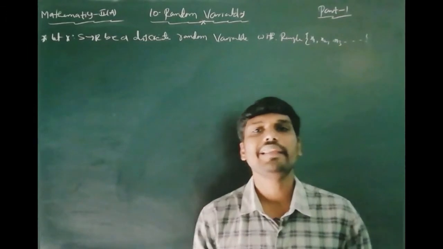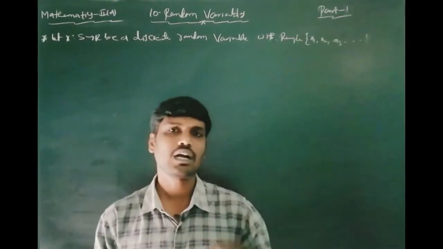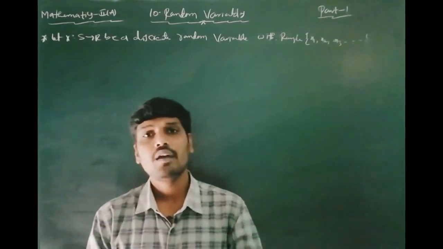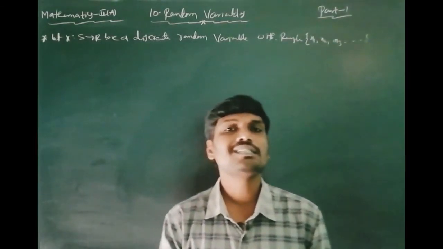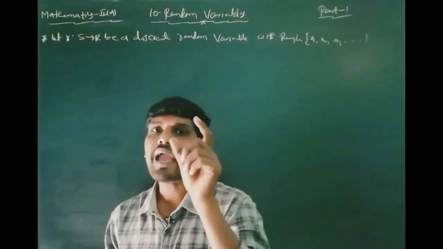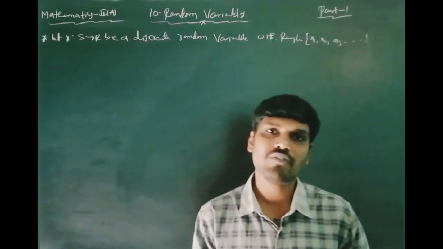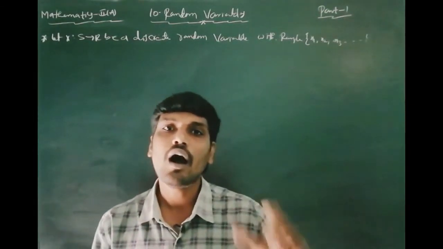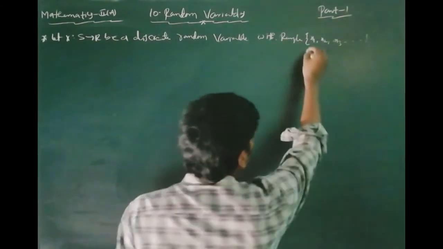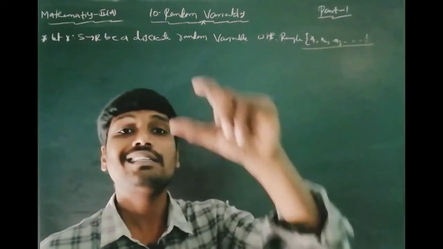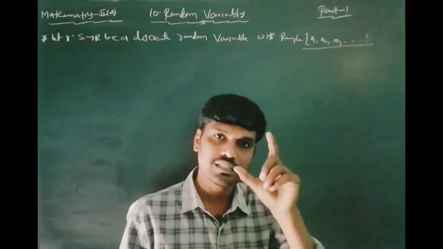Next point is what is the mean, variance, standard deviation. First, go to the mean definition. What is a discrete or discontinuous random variable? If X from S to R is a random variable, and the range of X is a countable or finite set, countable meaning the range is x1, x2, x3 and so on up to xn, then that is called discrete or discontinuous.